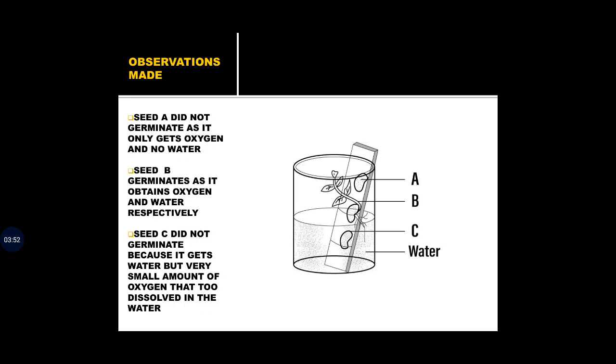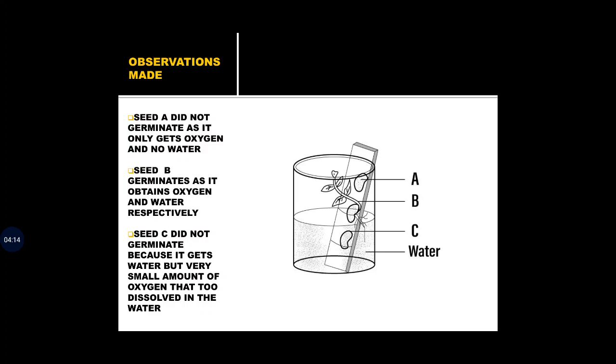In that glass slide we have tied 3 bean seeds at a fixed distance. So there are bean seeds A, B and C, and the beaker is half filled with water.